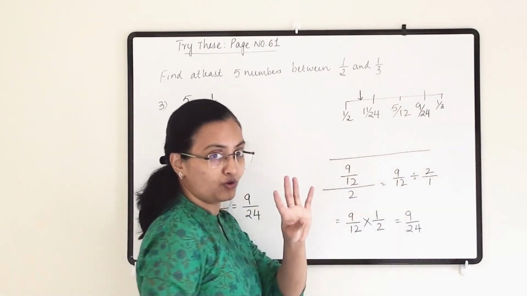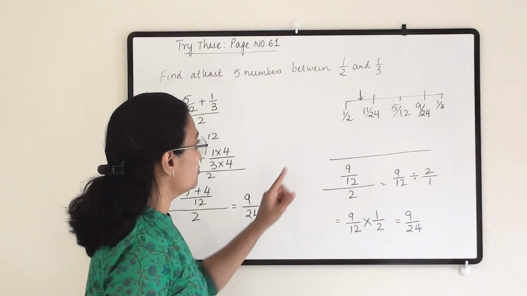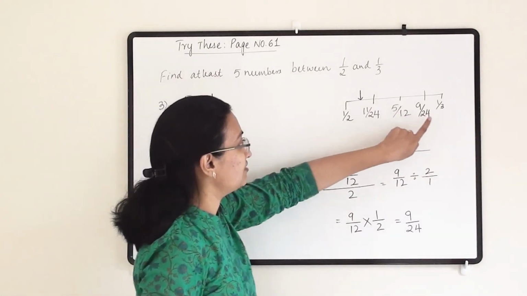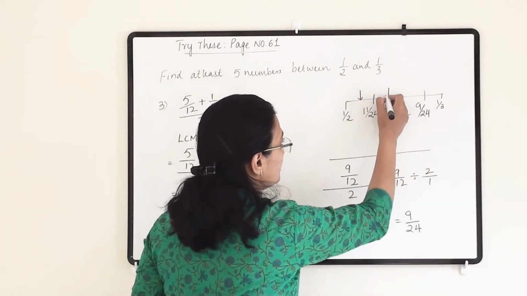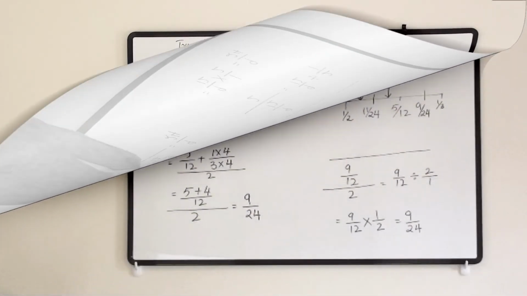So there are 4 possibilities to find 2 more numbers. First I am finding the number in between these two, and then the number between these two. That will give me 5 total numbers.